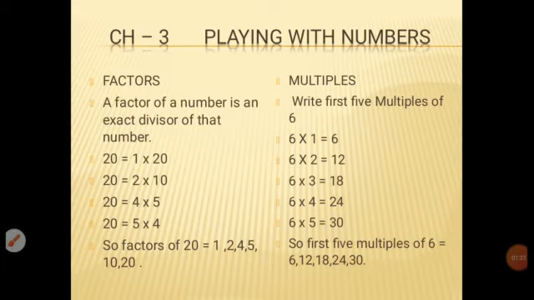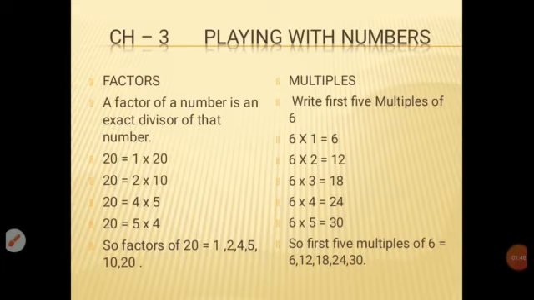So 6 multiply 1 is 6, 6 multiply 2 is 12, 6 multiply 3 is 18, 6 multiply 4 is 24 and 6 multiply 5 is 30. That means when we multiply the factors, we get multiples. So multiples and factors are both interrelated with each other.